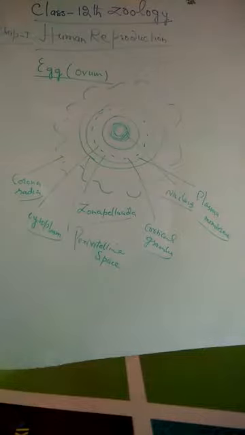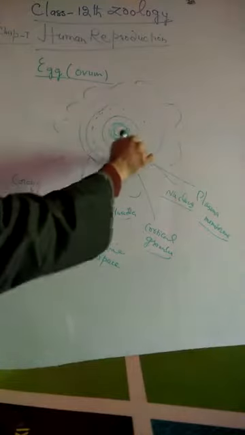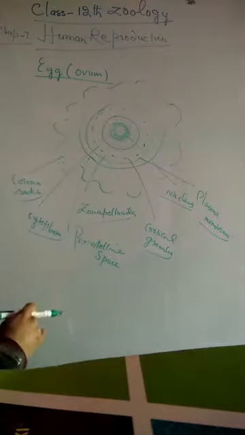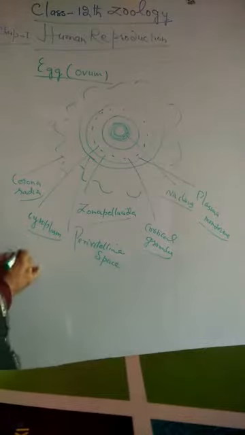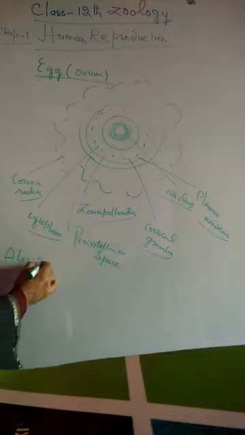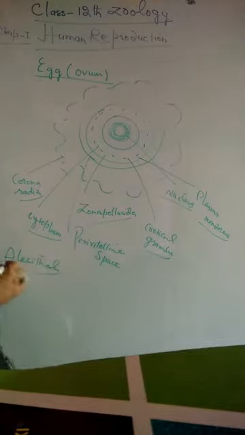The size of the ovum varies in different animals and depends upon the amount of the yolk. There are some eggs which are alecithal, without yolk.